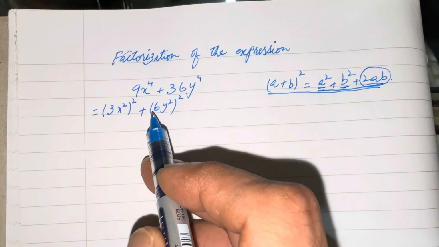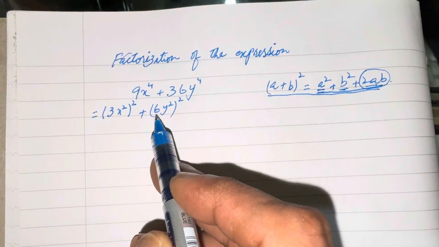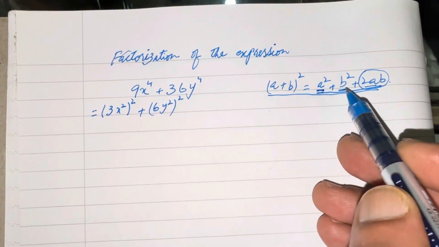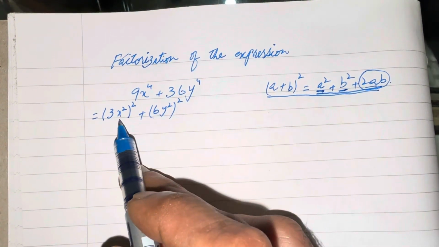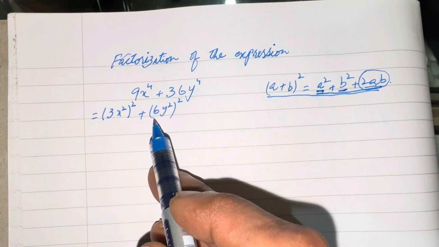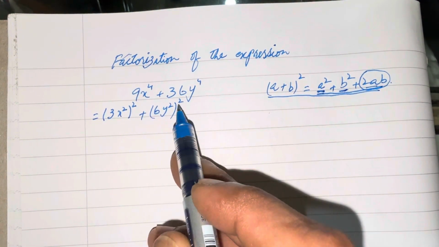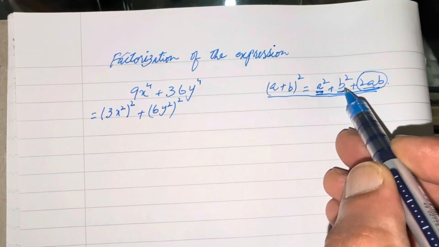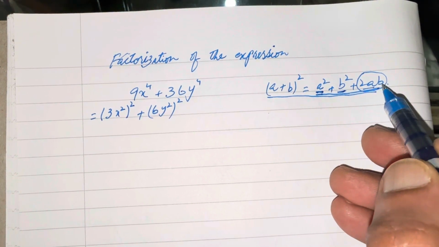So if you see, square of first plus square of second, these two terms we have changed this one into these two terms. So square of first plus square of second, plus 2 into first into second.